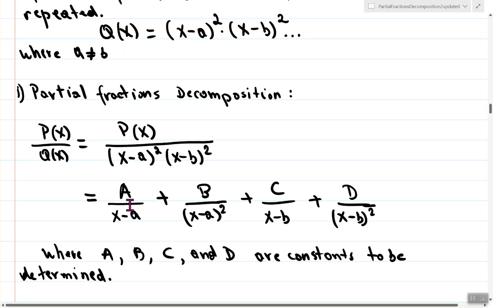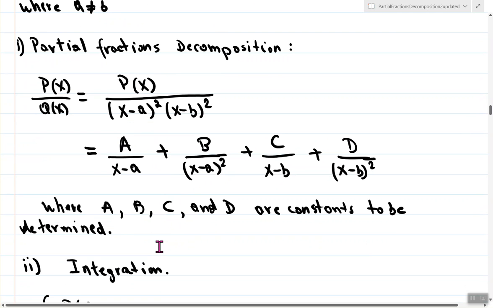So you have A over x minus a plus B over quantity x minus a squared, plus C over x minus b plus D over quantity x minus b squared. This is the partial fraction decomposition for case 2. Of course, uppercase A, B, C, and D are all constants to be determined.